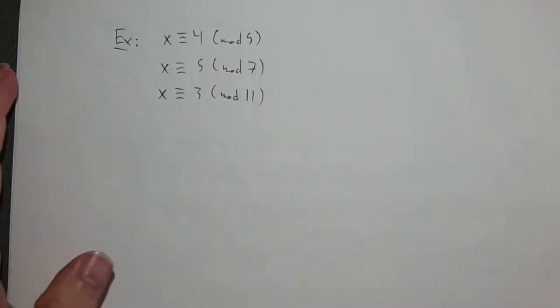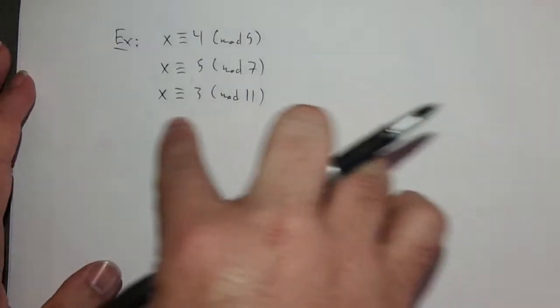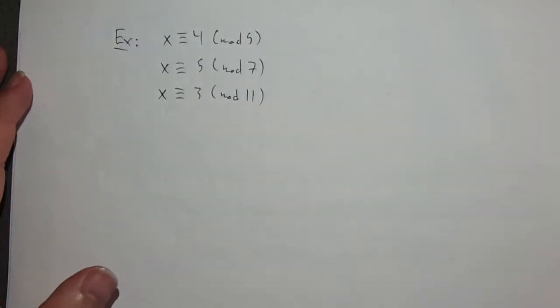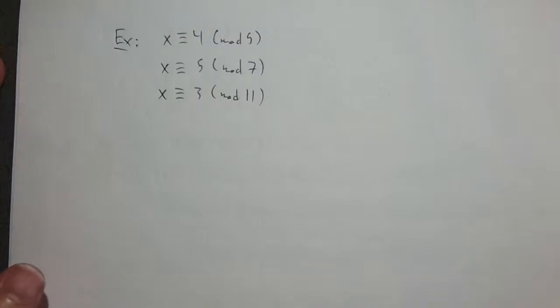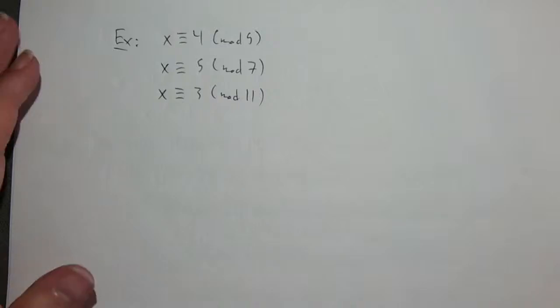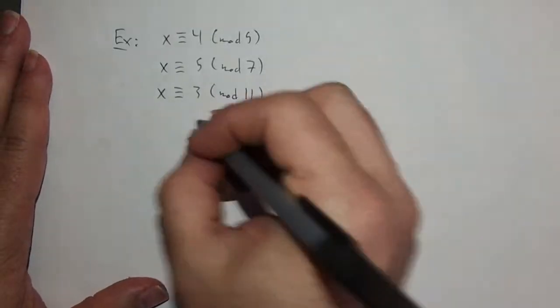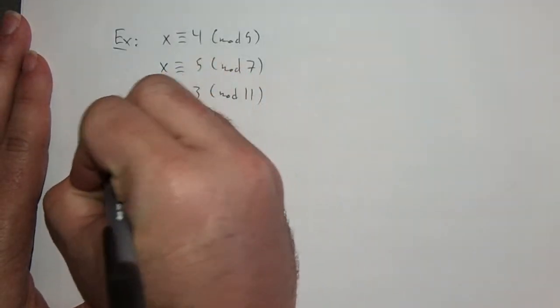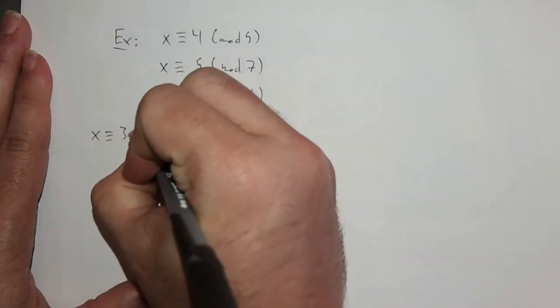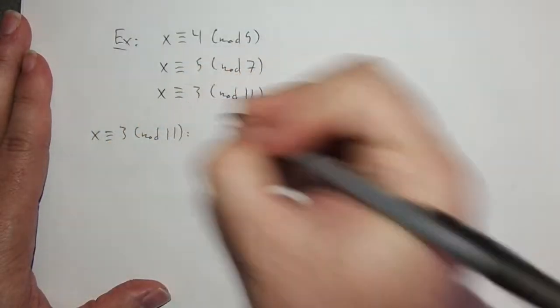So I start with the congruence having the largest modulus, so that's this last one. And I list out my list of positive integers that are congruent to 3 mod 11. So if I look at x is congruent to 3 mod 11, which x do I get?